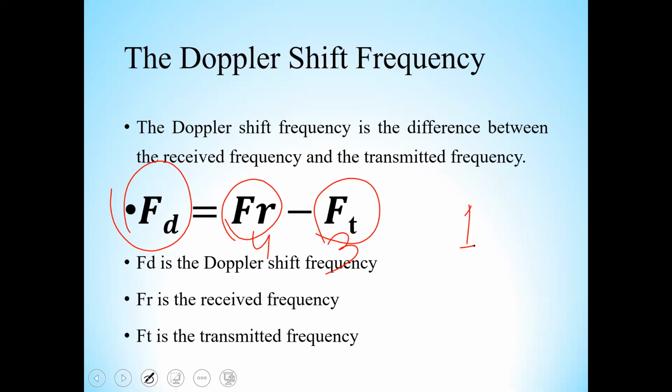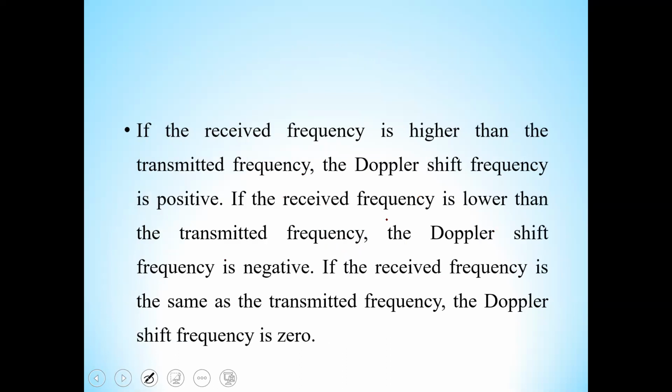But if Fr is 3 and Ft is 4, then we will have Fd as 1, but that 1 will be negative. So if Fr is greater than Ft, then we'll have a positive Doppler shift.